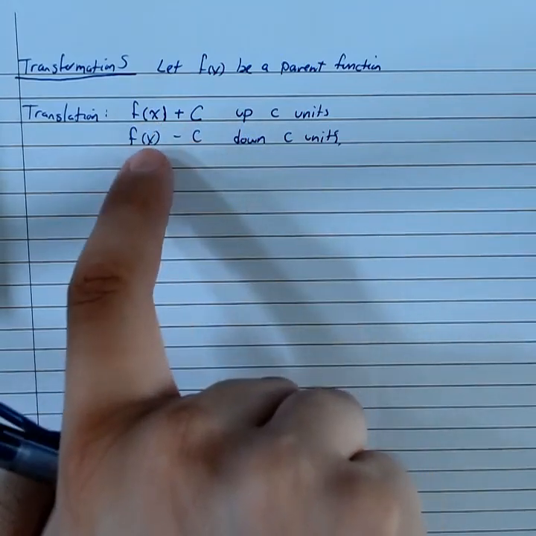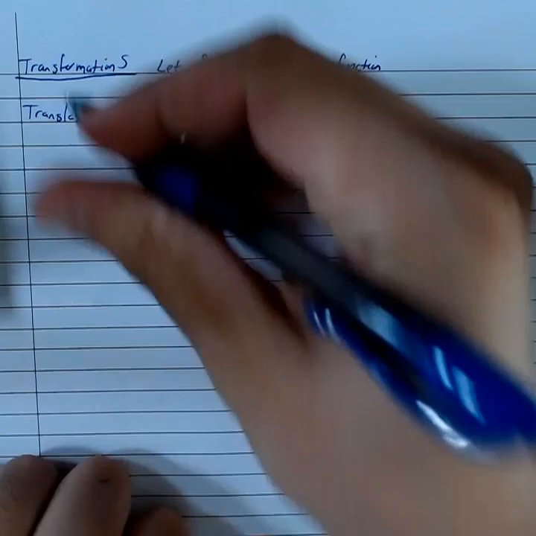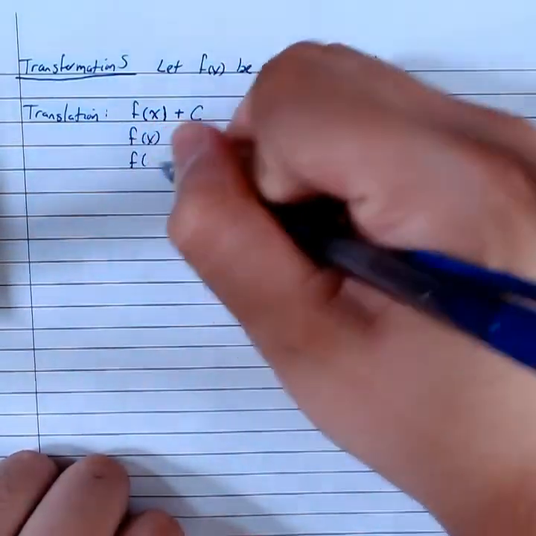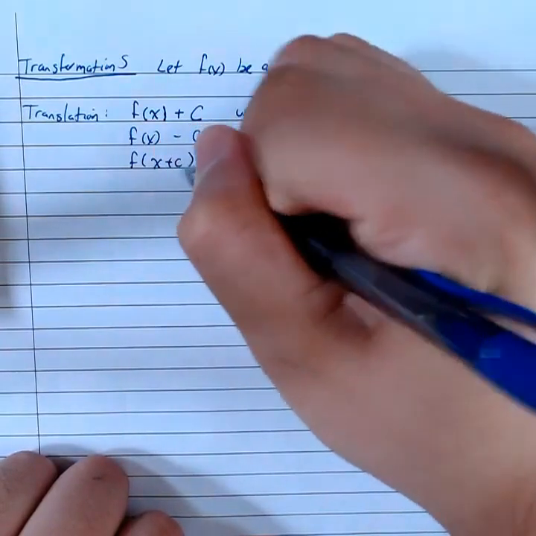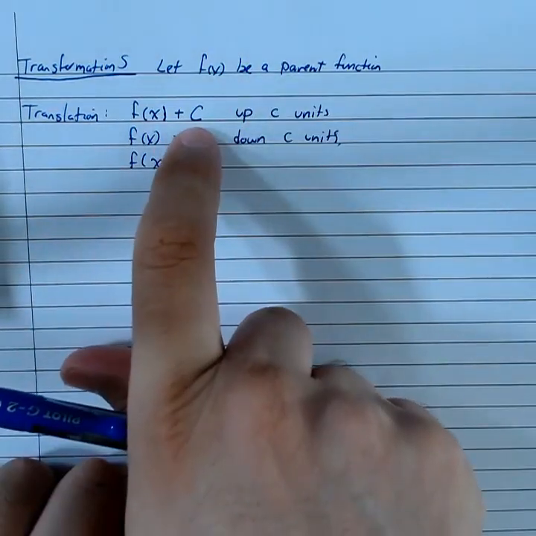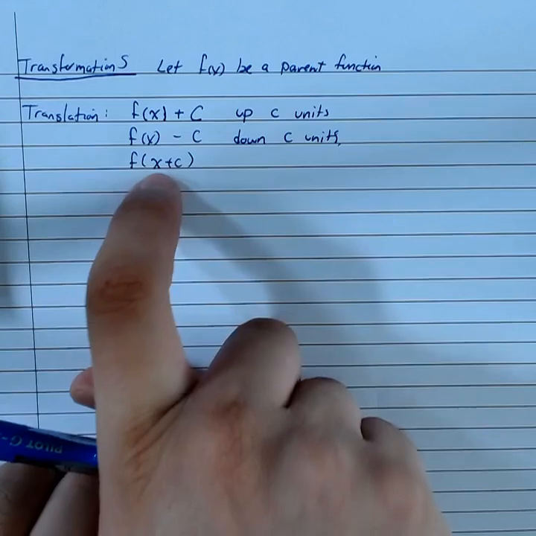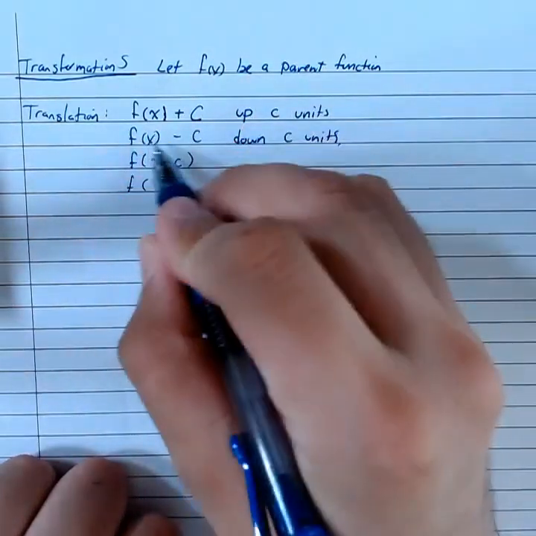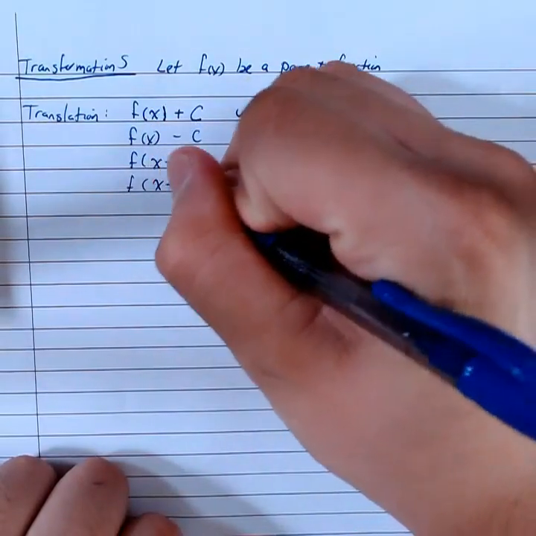You can subtract from just the variable. So here, I have f of x plus c. I could have f of (x plus c). Notice, instead of adding c to the entire function, I'm only adding it to the variable. And same thing over here. Instead of subtracting from the whole function, I can subtract from just the variable.